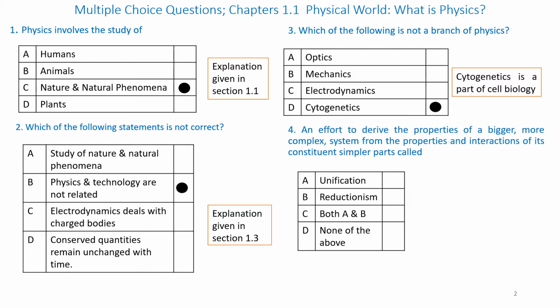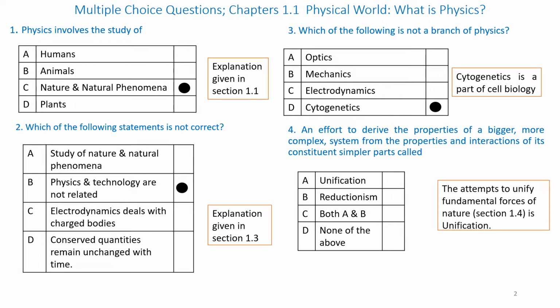Question number 4. An effort to derive the properties of a bigger, more complex system from properties and interactions of its constituent simpler parts is called. 4 options are given: unification, reductionism, both A and B, and none of the above. That is, the attempt to unify fundamental forces of nature is unification.